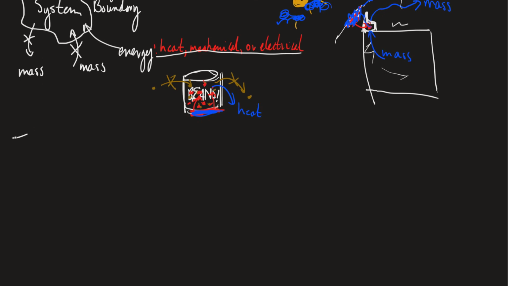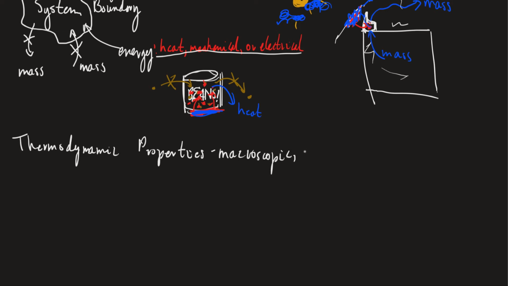And thermodynamic properties are just really a fancy name. So thermodynamic properties are macroscopic, numerical characteristics of a system.